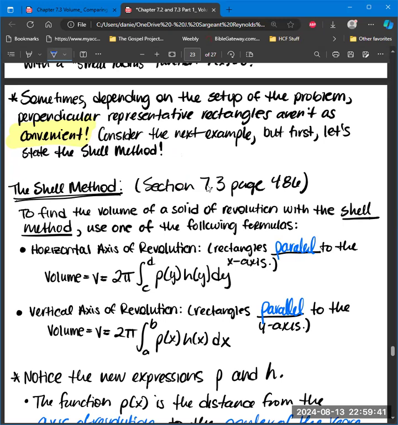So if I have a big cylinder here, then I've got a whole bunch of little cylinders inside of it, like this. You could maybe think of the rings on a tree.